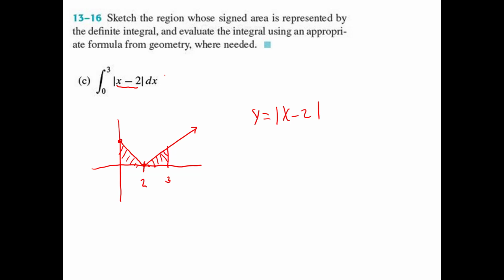Well, this is just the area of two triangles. The area of a triangle is 1/2 the base times the height. For this triangle here, the base is 2, and the height is from here all the way to here, which is also 2.